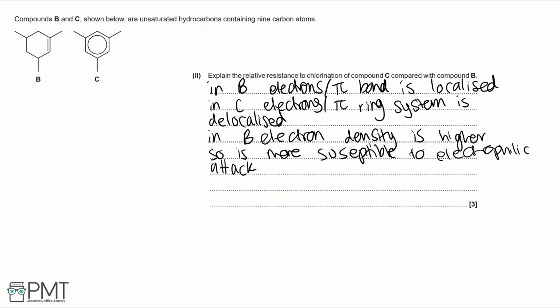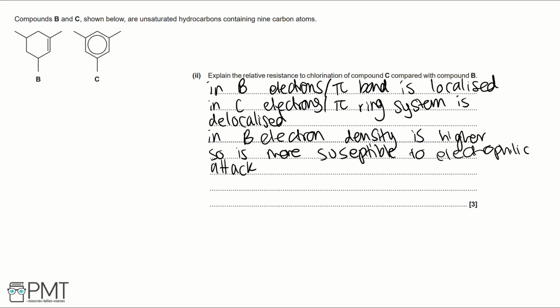you get a mark for saying that in B the electrons are localized or that the pi bond is localized. Here I've written a slash to indicate you can either say electrons or pi bond. Then you get your 2nd mark from saying in C the electrons are delocalized or the pi ring system is delocalized. So again I've written a slash to show you can write either.